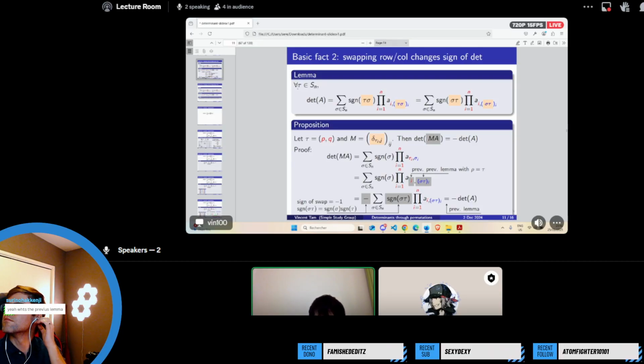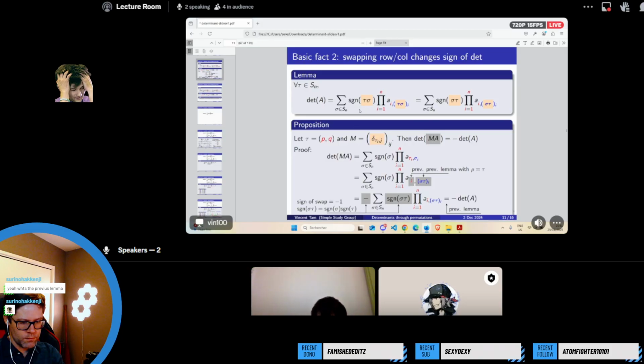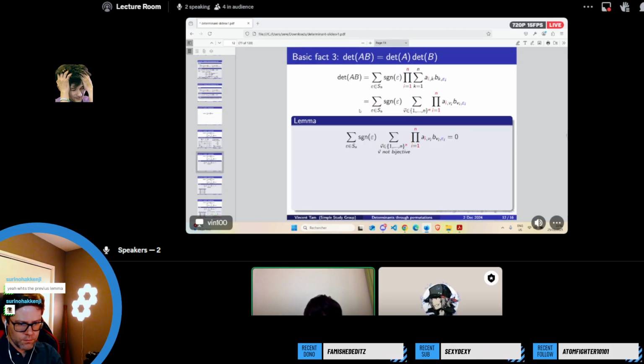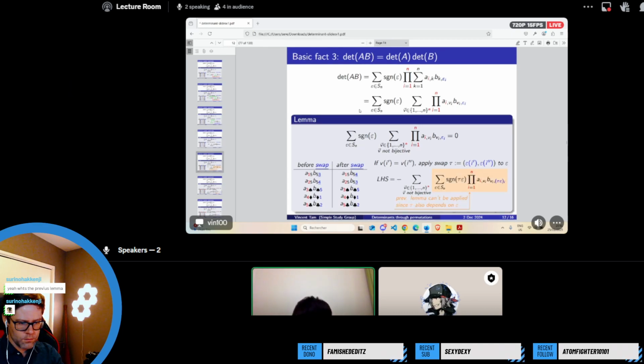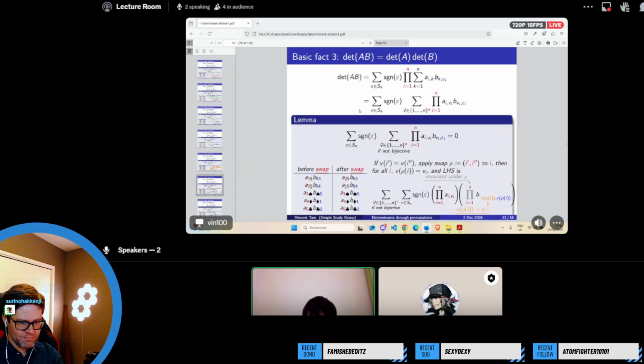But the problem is that this tau is fixed before this sigma. This tau is constant throughout the whole summation and product process. That's why what I'm showing is really wrong. And why am I spending time on this wrong stuff? It is to show you why we are applying a swap on the row index instead of the column index.